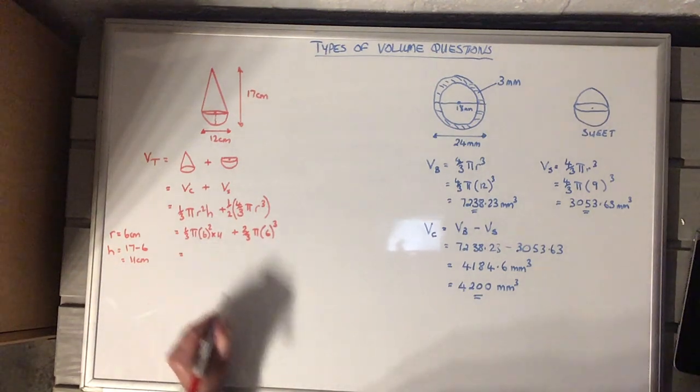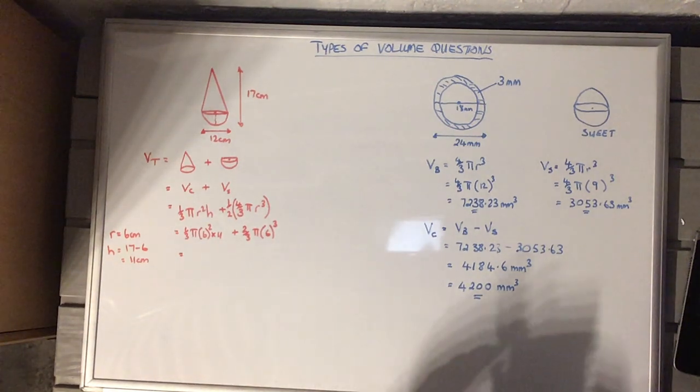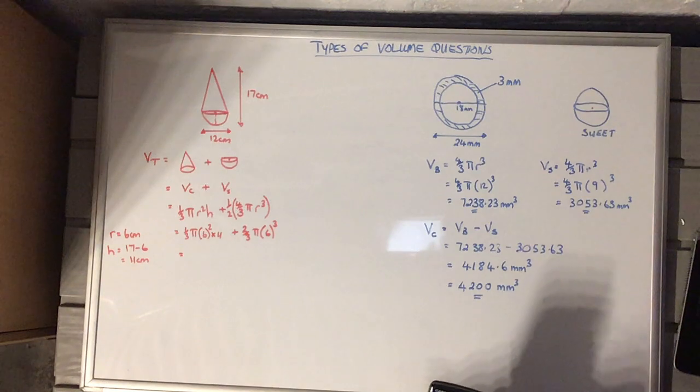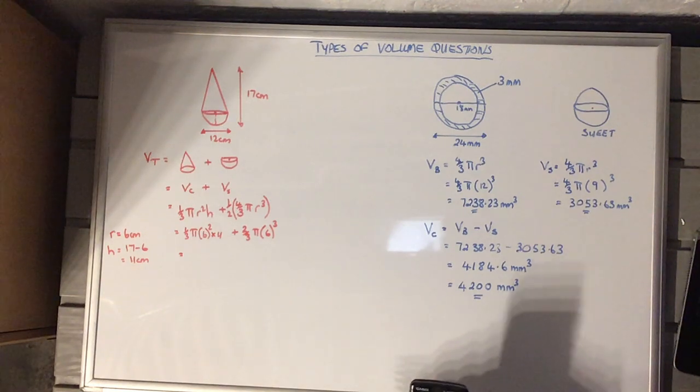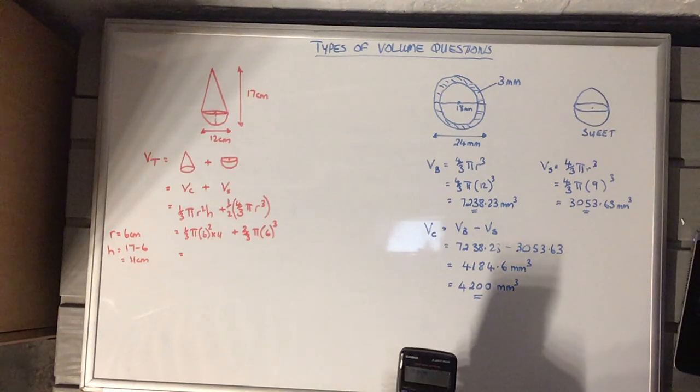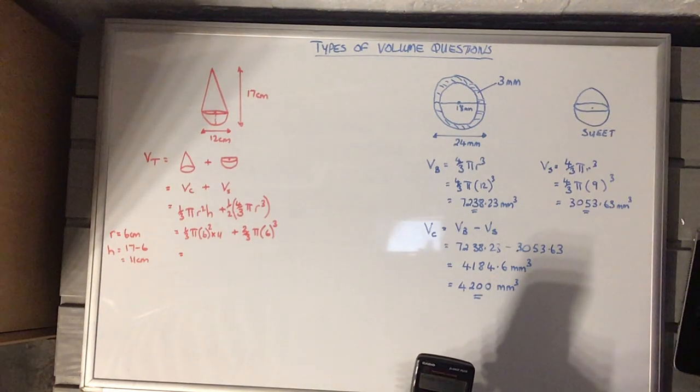And we just work out these individually. So let's work them out. So we've got a third times pi, 6 squared is 36, times 11.